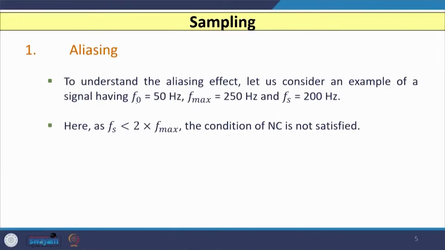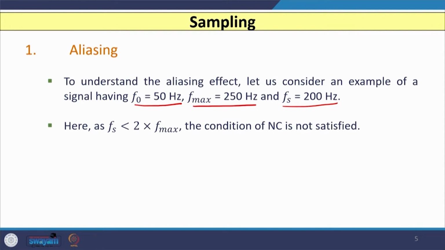To understand the aliasing effect, let us consider one example of a signal which has 50 hertz fundamental frequency. So, your F0 is 50 hertz, and this signal is sampled at a sampling frequency of 200 hertz, and the maximum frequency component present in this signal is, let us say, 250 hertz.